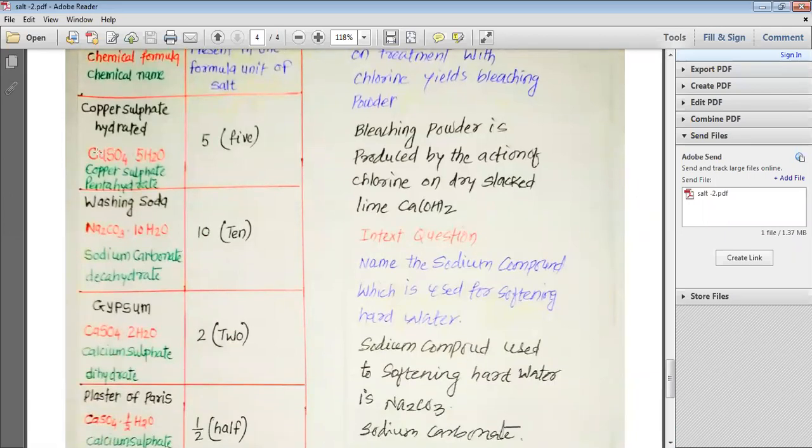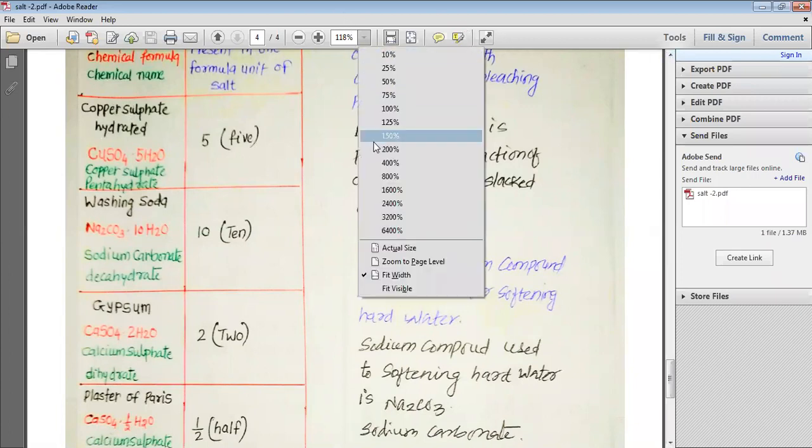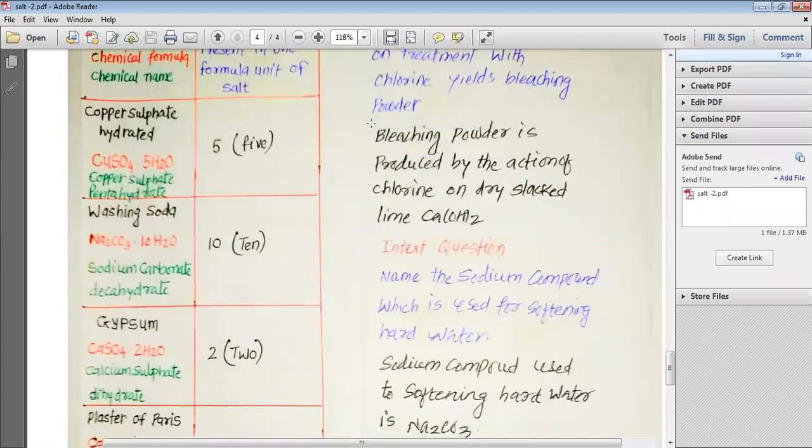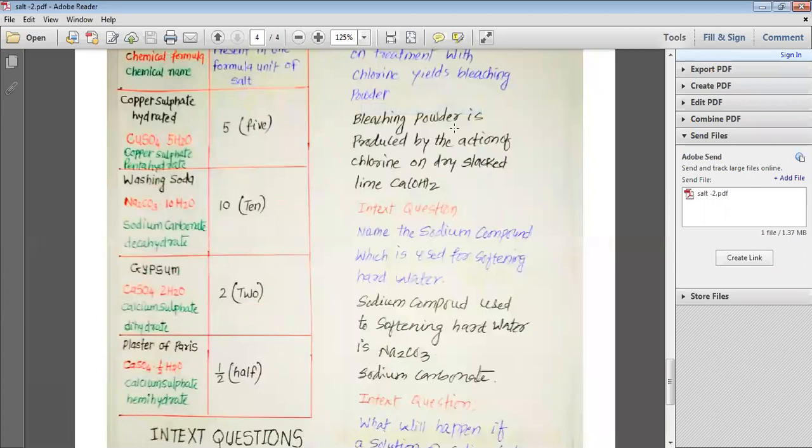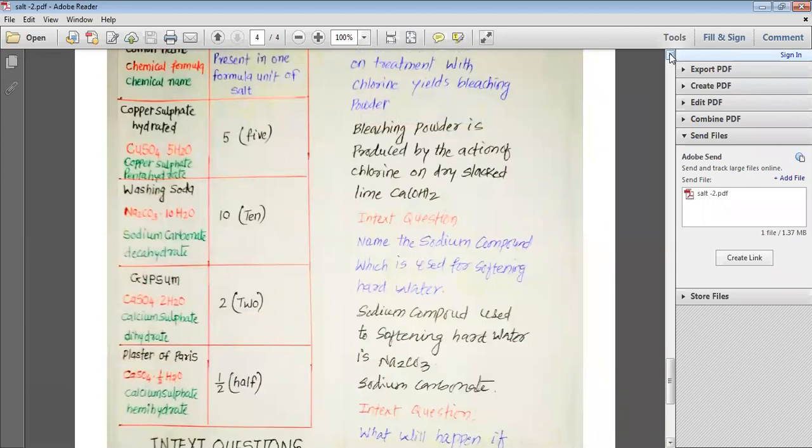It is written as CuSO4·5H2O. So copper sulfate pentahydrate is the chemical name, and the common name is hydrated copper sulfate. It has 5 molecules of water per each molecule of copper sulfate.